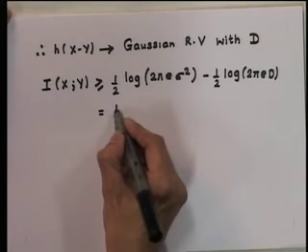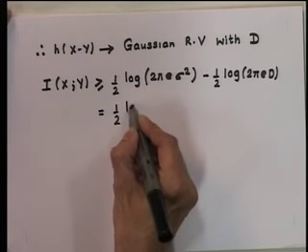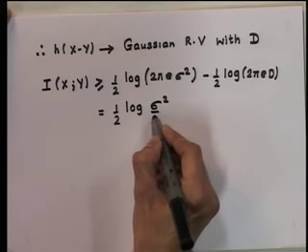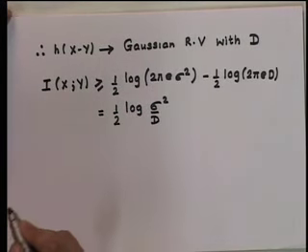This is equal to half log sigma squared by d.